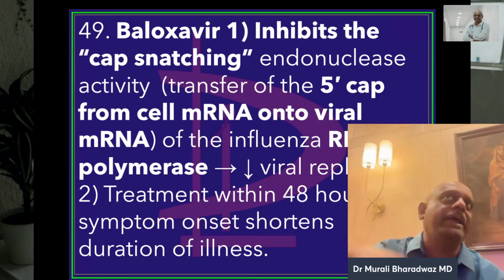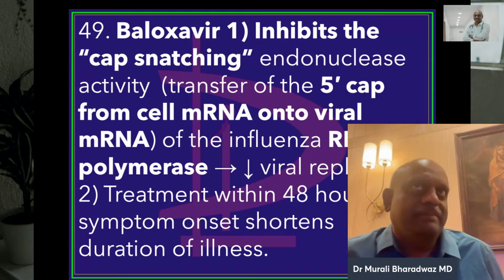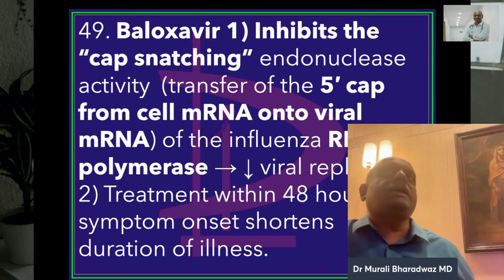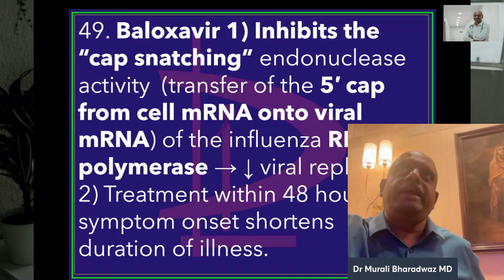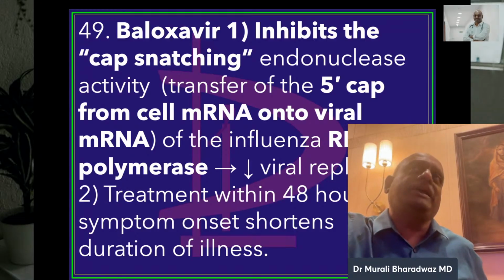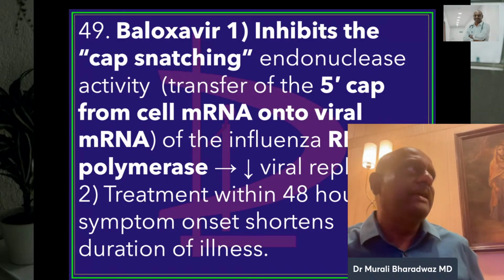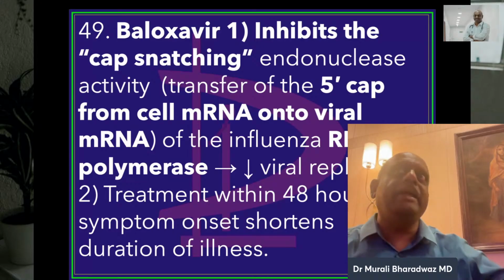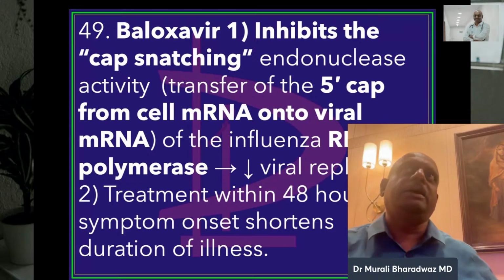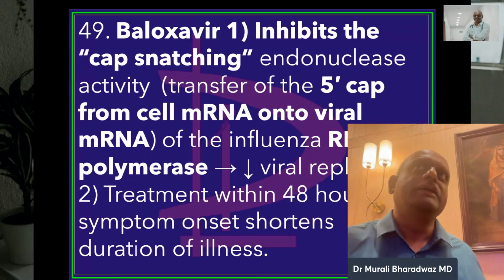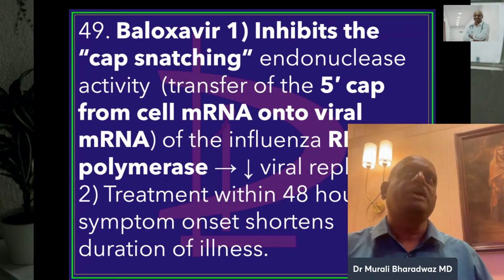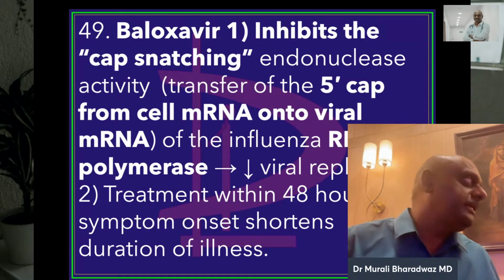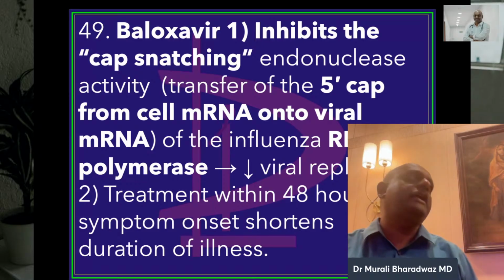That is prevented by baloxavir. Especially for influenza RNA polymerase, the 5' cap snatching is needed, where the 5' cap from the cell mRNA shifts to the viral mRNA. That is inhibited by baloxavir, which inhibits cap snatching endonuclease.